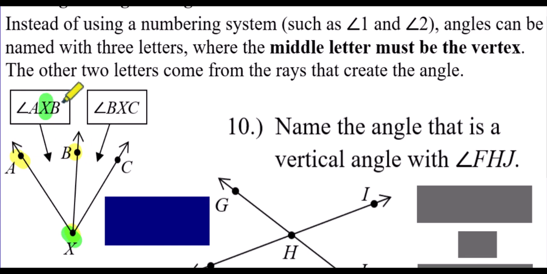So that's how I can name an angle with 3 letters. Or I could do, let me undo the highlighting that I already did here. Notice how BXC forms this angle on the right, and again, the middle letter is the vertex whenever you name an angle with 3 letters.